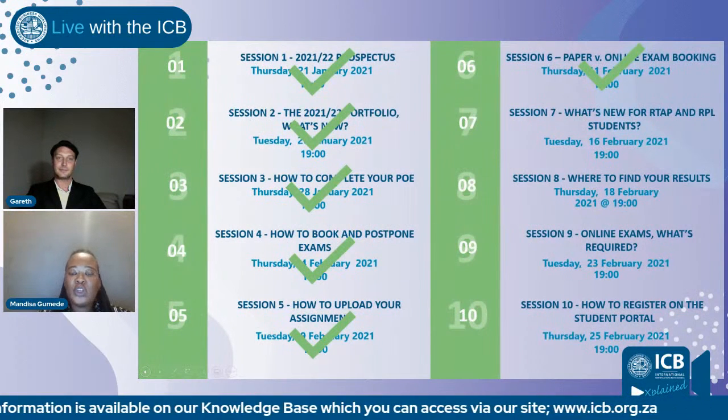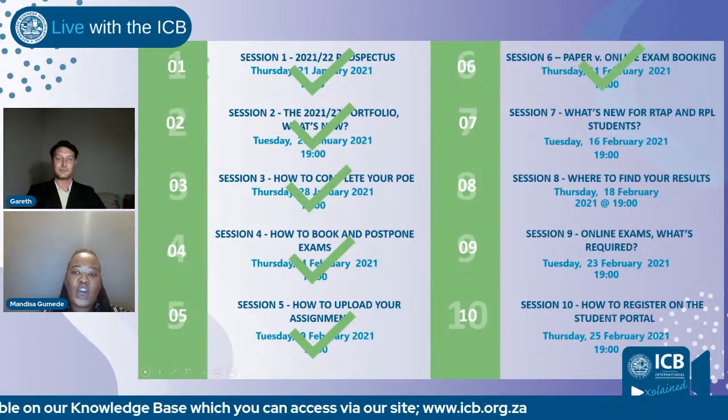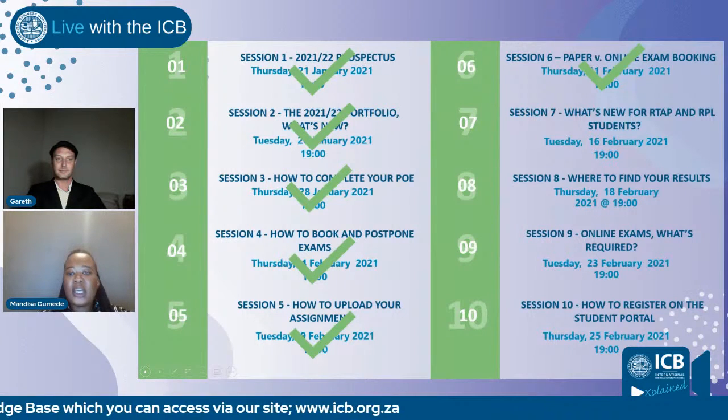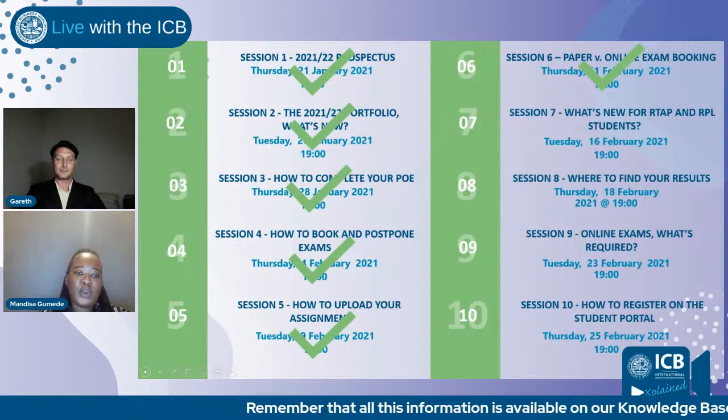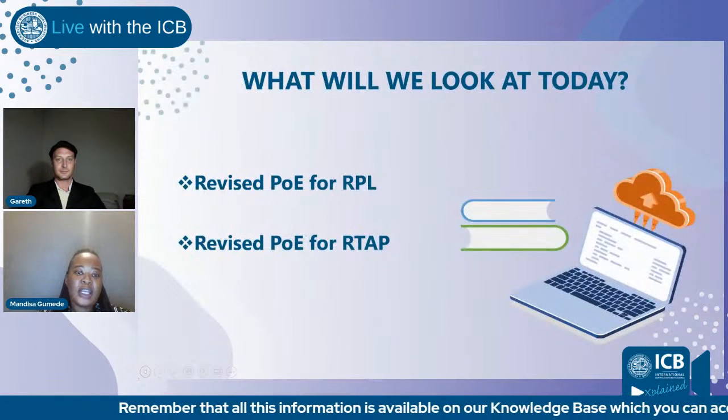And then last week we looked at the paper versus the online exams. So today, as I've already mentioned, we're looking at the revised POE for our RTAP learners, as well as the revised POE for our RPL learners.